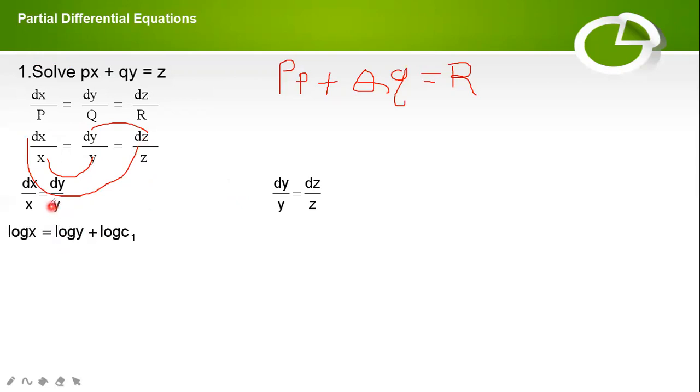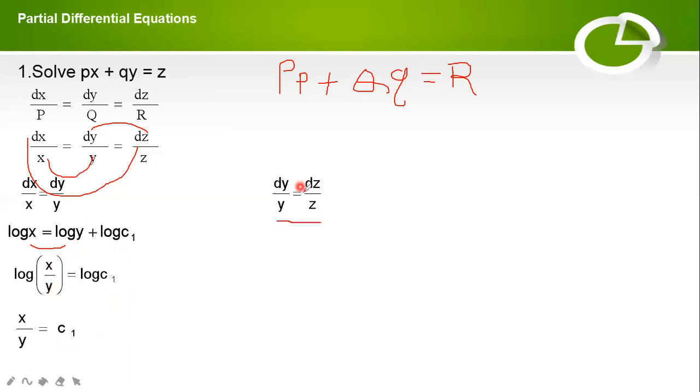From the first, integrating, log x equal to log y plus a constant c. For our convenience we write log c1. Moving terms, log x minus log y is log of x by y, equal to log c1. So x by y equal to c1.